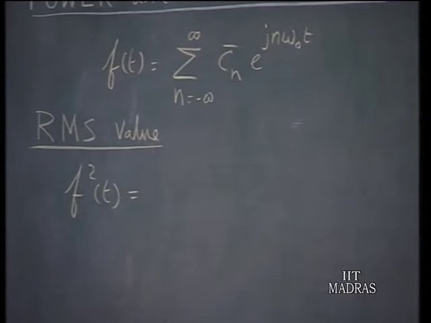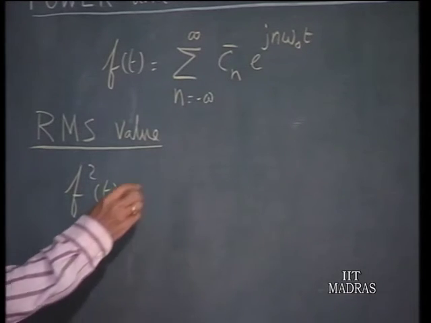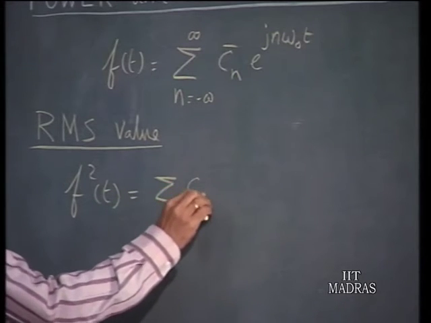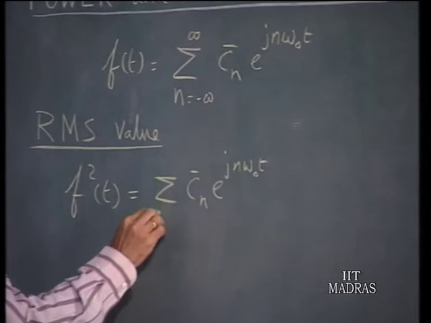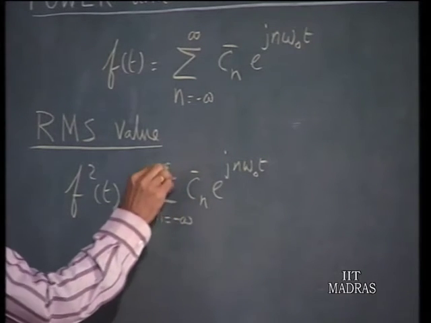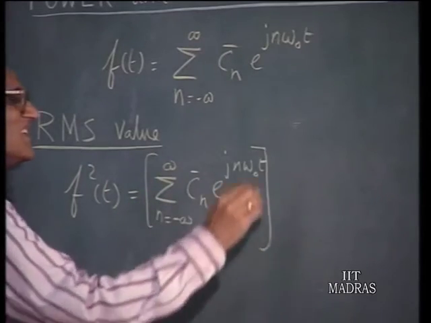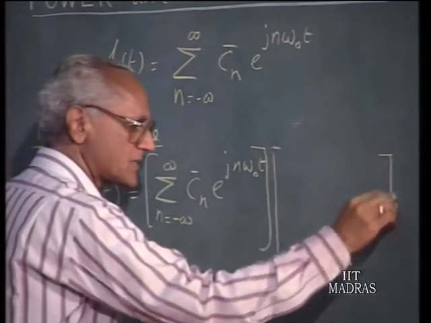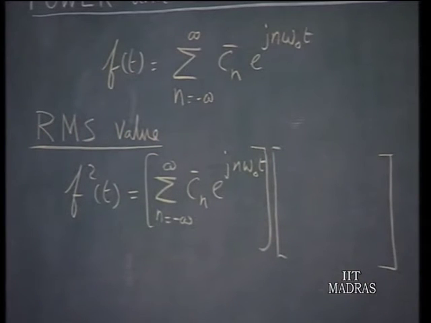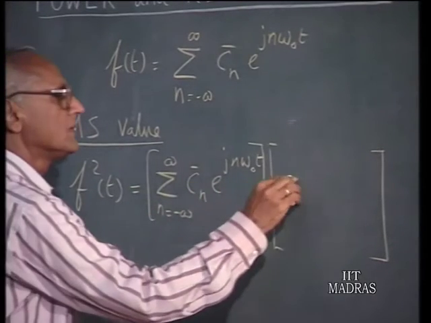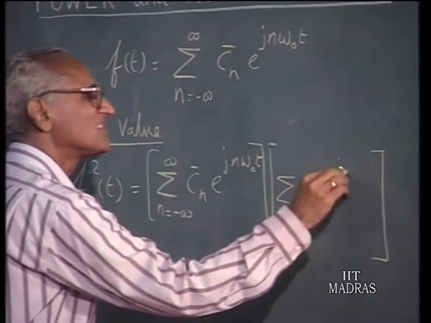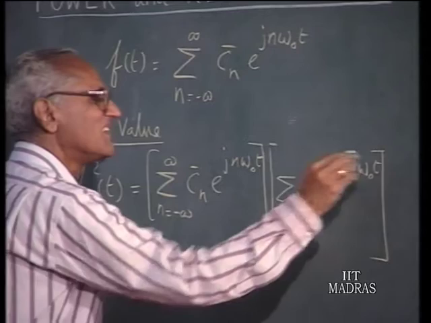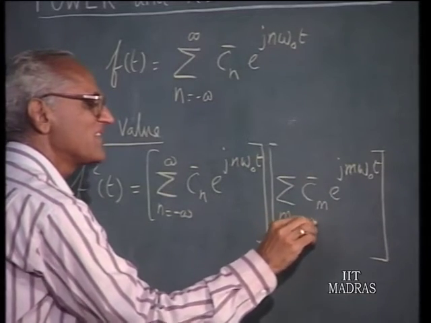Suppose I would like to calculate f squared of t, then this can be written as Cn e to the power of j n omega naught t, n of course ranging from minus infinity to plus infinity, multiplied by the same series, but in order to facilitate our taking stock of the various terms, I would like the index here to be m instead of n, m from minus infinity to plus infinity.